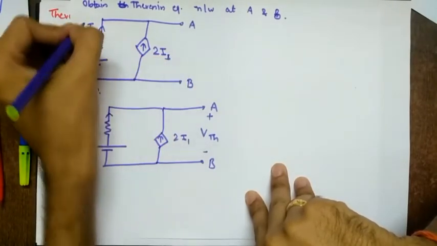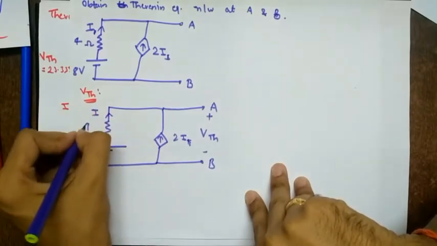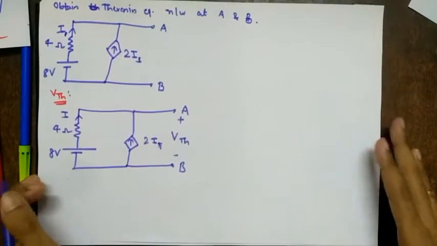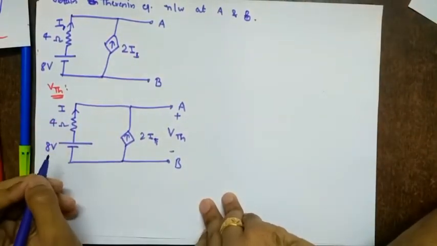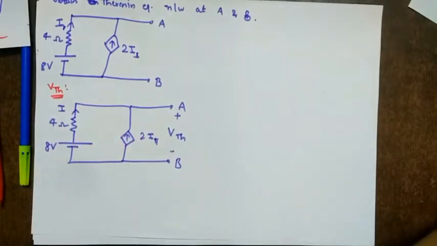Sorry, this is I, this is I. So this is 2I, this is I, 4 ohms, 8 volts. Okay. So what is the first thing we do? We write this I terms, right? That is the dependent variable or control variable equation. Right? So let's see how to do this.